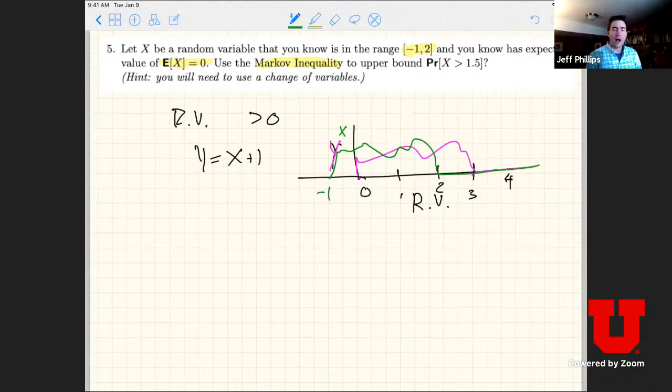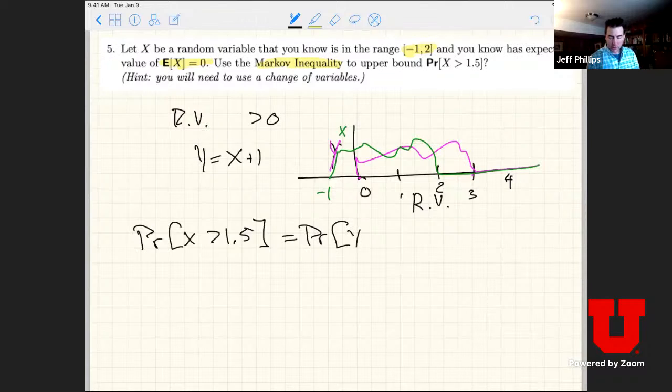But now that I have y, I can answer this question. I want to know the probability that x is greater than 1.5, which is equal to the probability that y is greater than 2.5. These are equivalent.